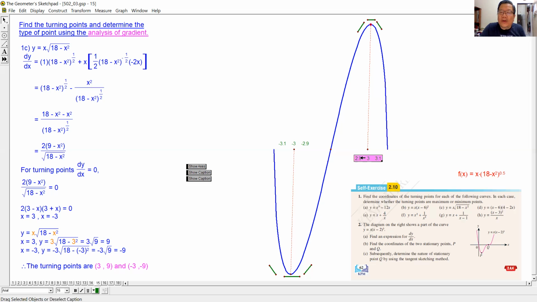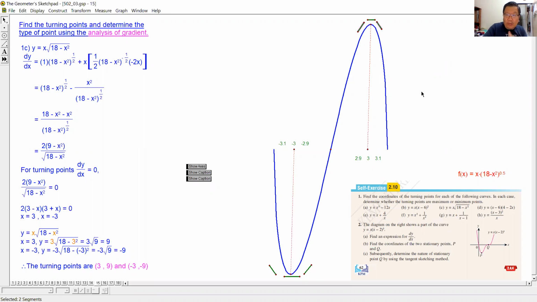For 2.9, I try to find the gradient, dy/dx. Then for 3.1, I try to find the dy/dx. I want to know whether the dy/dx changes from positive to negative or negative to positive.